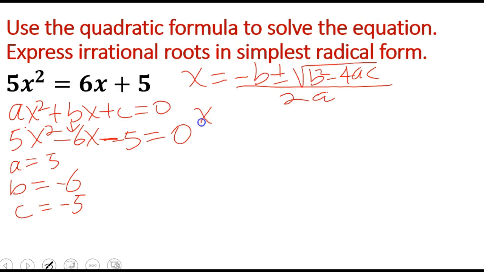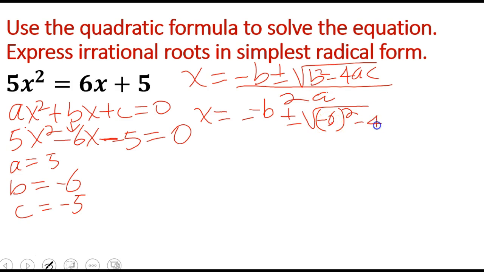The b is negative 6, so we have negative negative 6 plus or minus square root of negative 6 squared. Make sure you put the negative for the squaring, because the whole b is negative 6, so the negative is also squared.